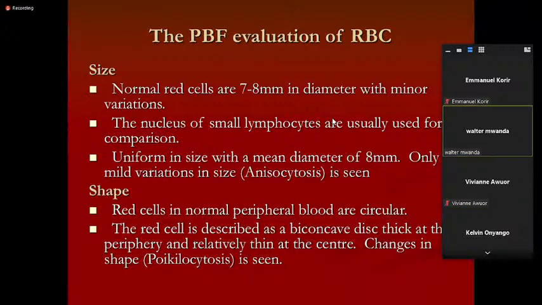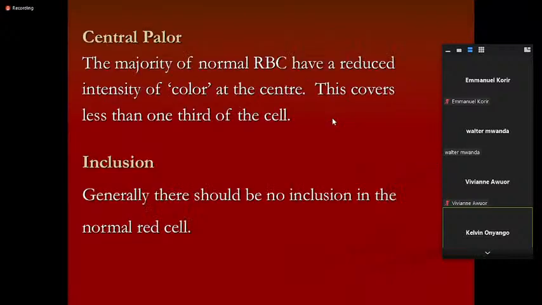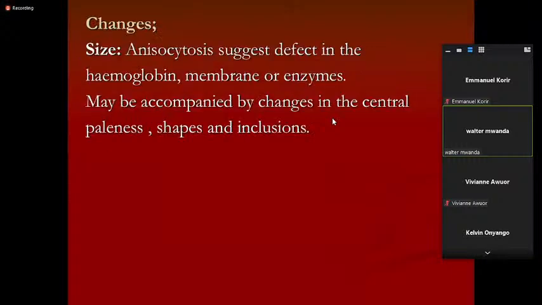This, of course, we have already alluded to. So whatever we describe as a change will be on the size, on the shape, on the central pallor, or on inclusions. Changes in size we call anisocytosis.